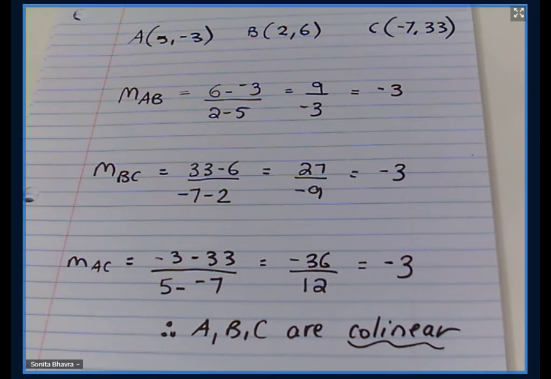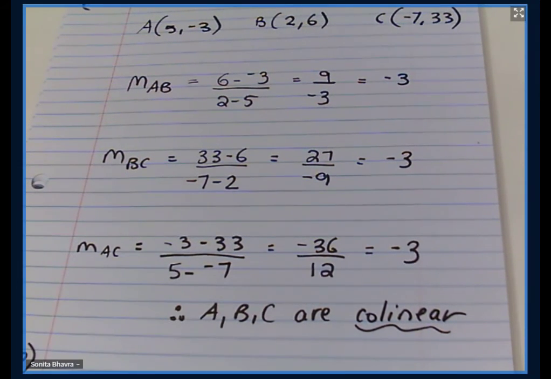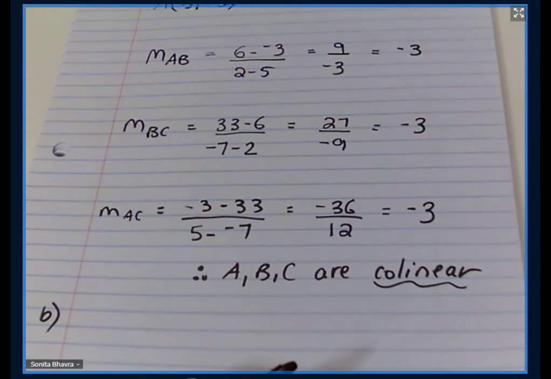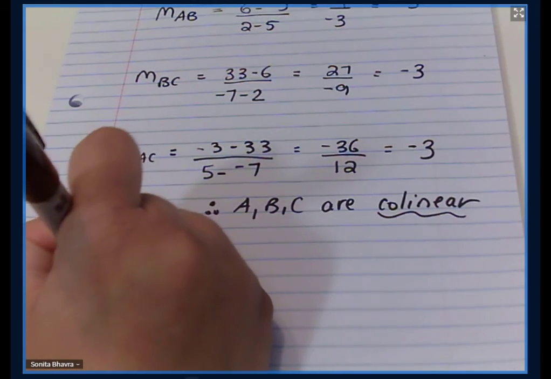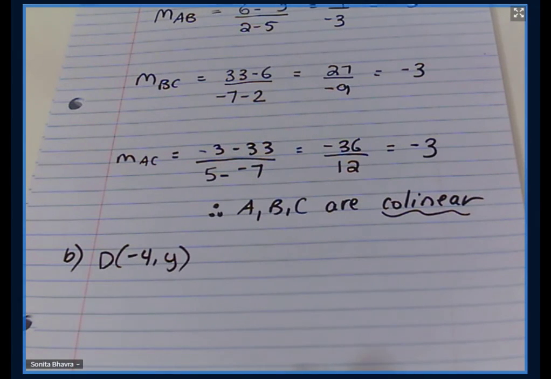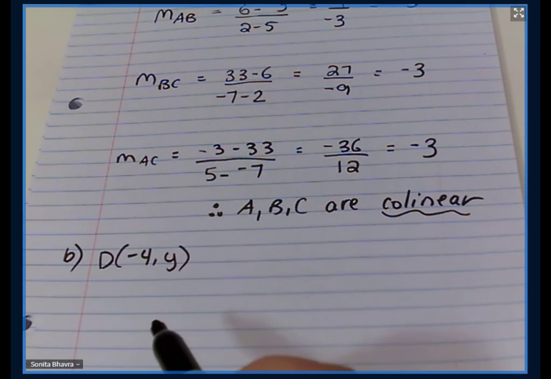All right, last part to this question is they bring in another point. They bring in point D, and they say find the value of y if the point D, negative 4, y is also on the same line segment of AC. All right, so we have to figure out what our value of y would be.